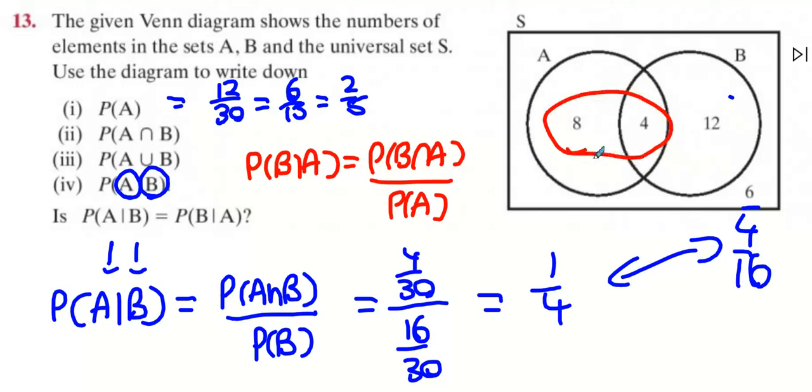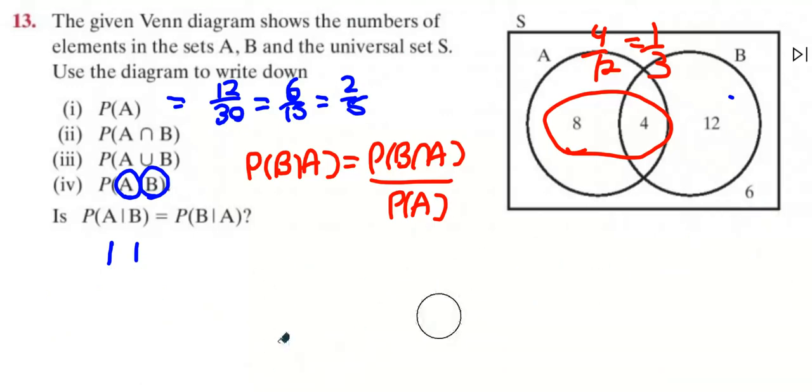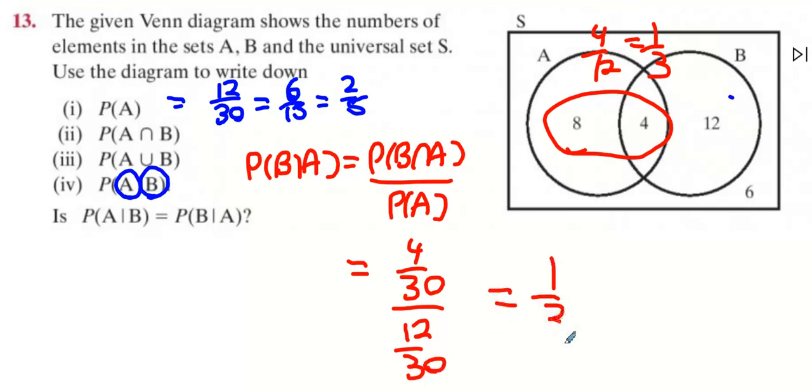Well, 12 students do A. How many of them do B as well? 4 out of 12, which is 1/3. Now, if I use the formula directly, they're not equal to each other, by the way. The formula tells me it's 4 out of 30 divided by 12 out of 30, which is 1/3.